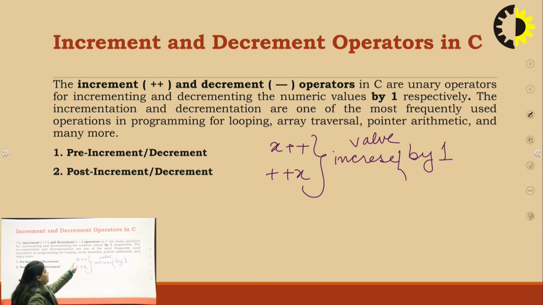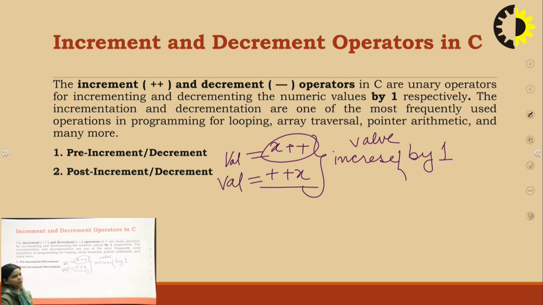And for pre, you will just assign that value. And for post, you will increase the value and then assign it to the variable. Clear? Okay.